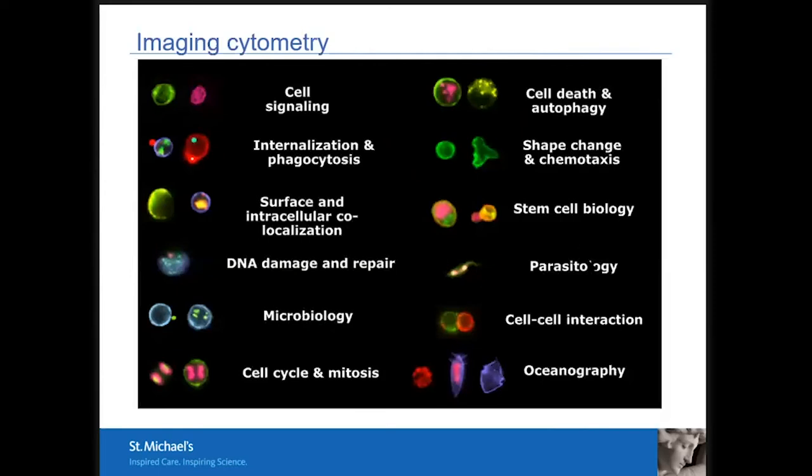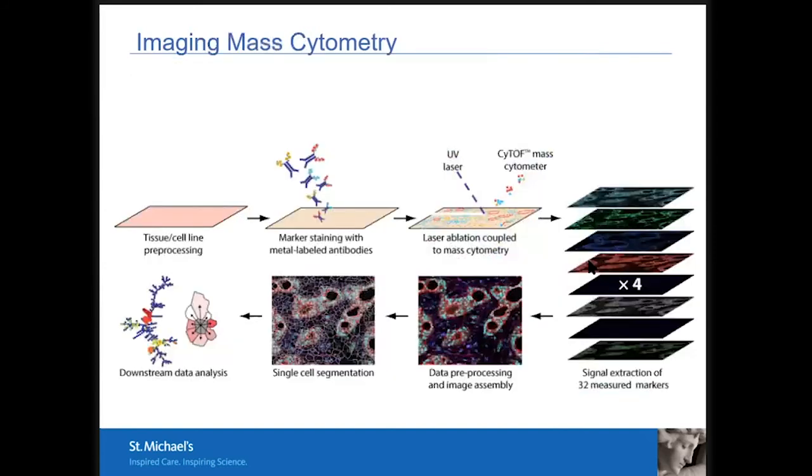The last type of flow cytometry, which I think is the most interesting for a cancer audience, is imaging mass cytometry. So this uses the metal-based probes that we were talking about when we were looking at highly multiplexed 40-color assays.